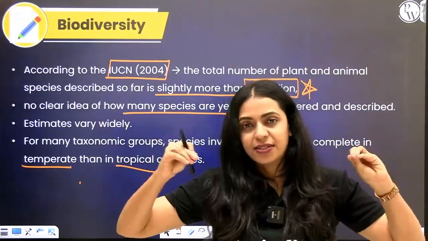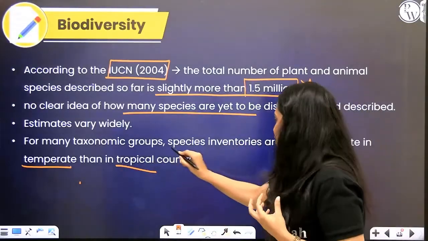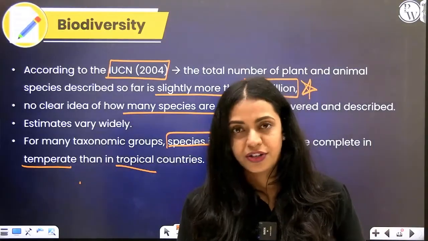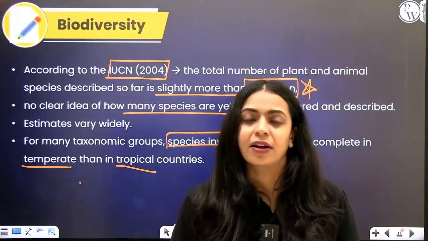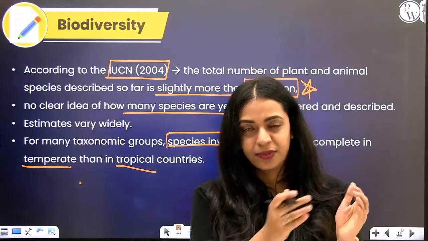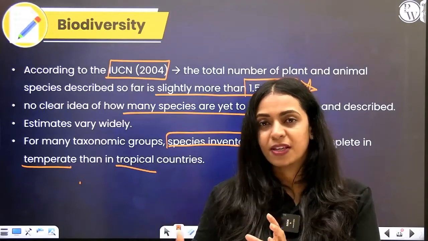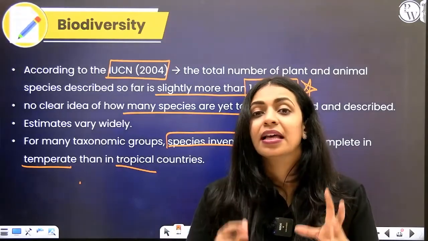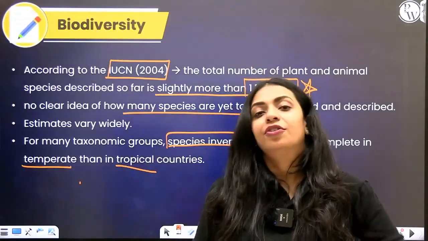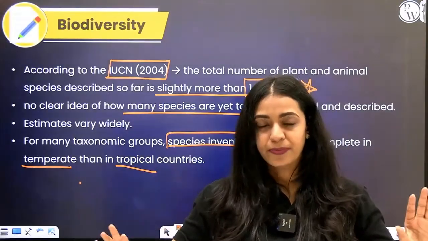In the temperate countries, species inventories are more complete as compared to the tropical countries. So what can we do? In temperate, if you consider birds, this is how many species of birds are present. How many could be present in the tropics? You can find out because there are certain species for which the temperate countries and the tropical countries, both inventories have been almost complete. Okay?